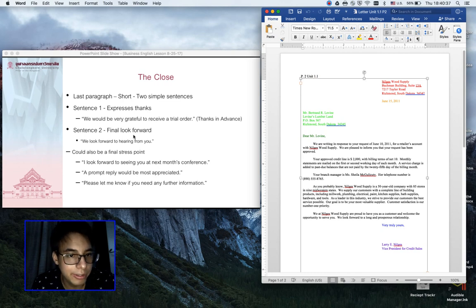So this is a final look forward. So this example follows the 4-point letter in terms of the close. Now you may notice that this letter does not provide an action part. In most of the letters you'll be doing in this class, you will need to provide an action part. But this is more of an information letter, so there isn't really any action that the reader has to do.